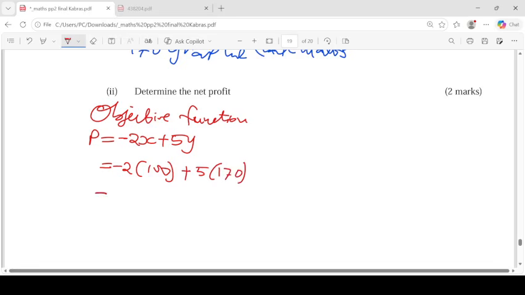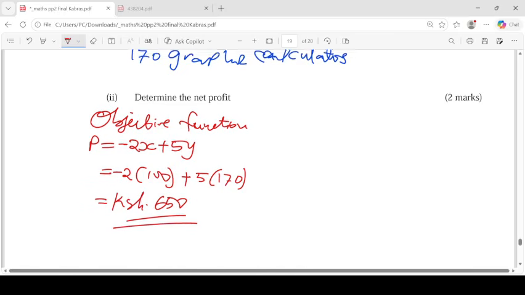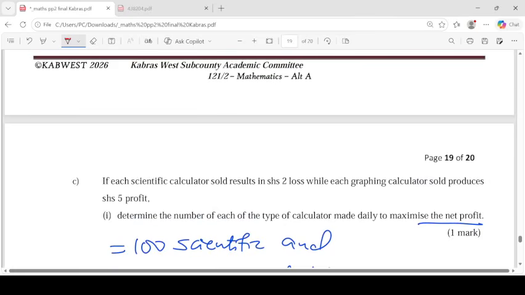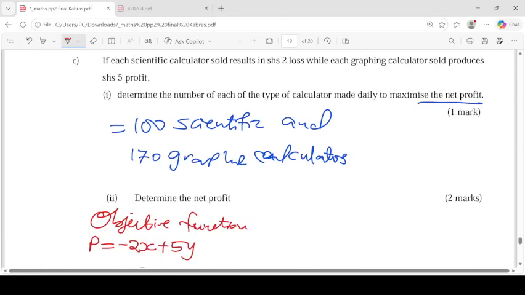So this is a maximum profit of Kenyan shillings 650. In other words, you have to observe the corner points and see which corner point will give you the maximum profit. You can do the inspection method, use of LCM to draw the search line, or even, yeah, there are several methods you could have used in that particular case.